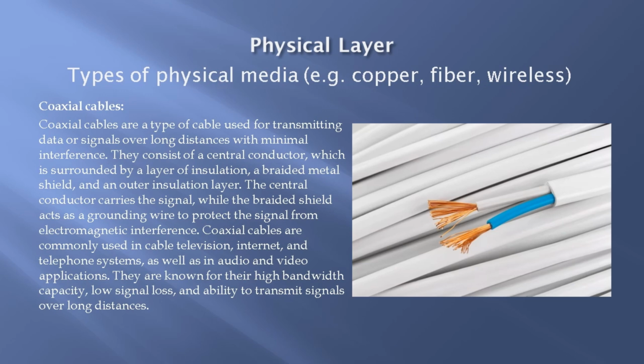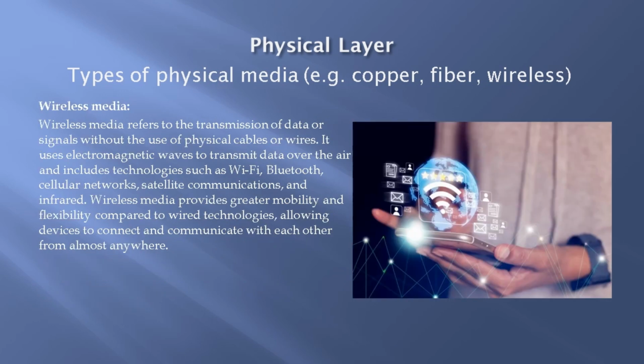The central conductor carries the signal, while the braided shield acts as a grounding wire to protect the signal from electromagnetic interference. Coaxial cables are commonly used in cable television, internet, and telephone systems, as well as in audio and video applications. They are known for their high bandwidth capacity, low signal loss, and ability to transmit signals over long distances.